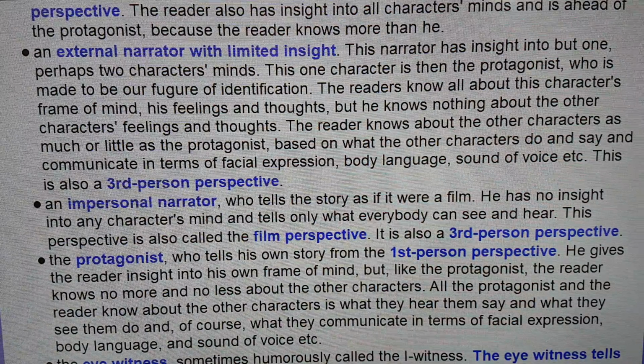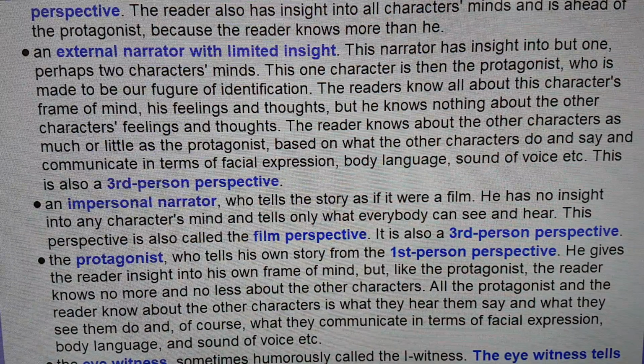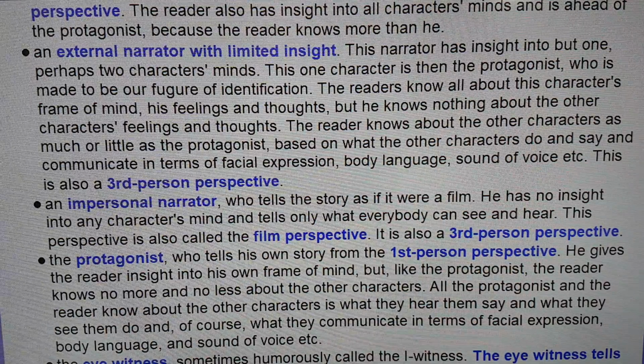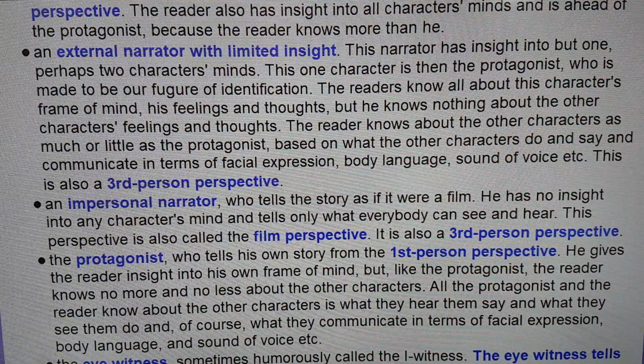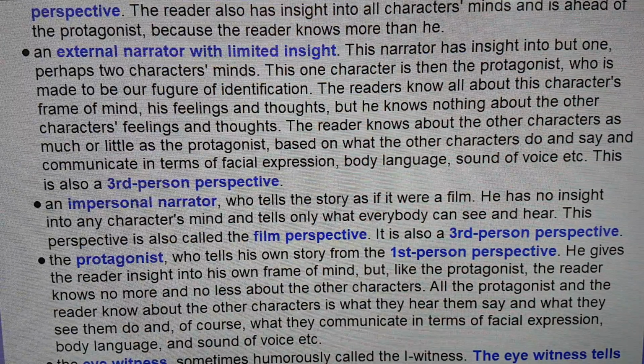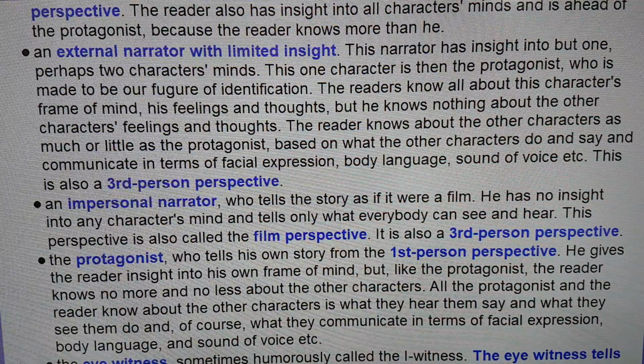So, and then, as we mentioned earlier, there is also the first-person perspective, the protagonist, who tells his own story, of course, from the first-person perspective or point of view.